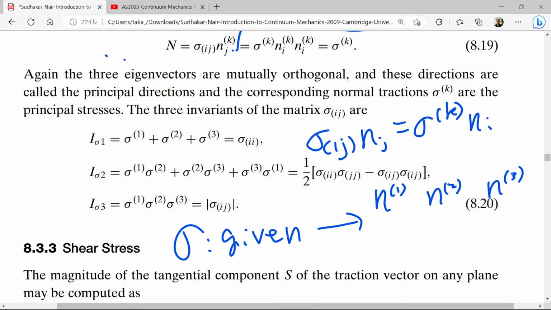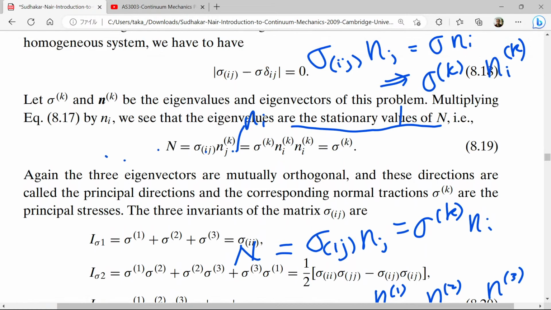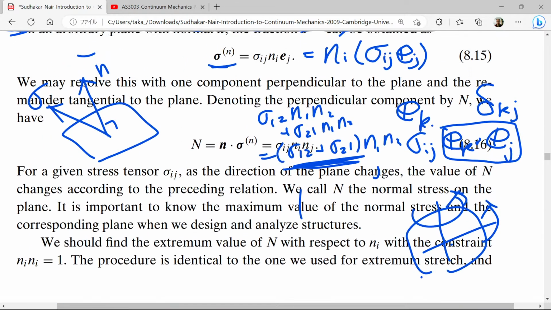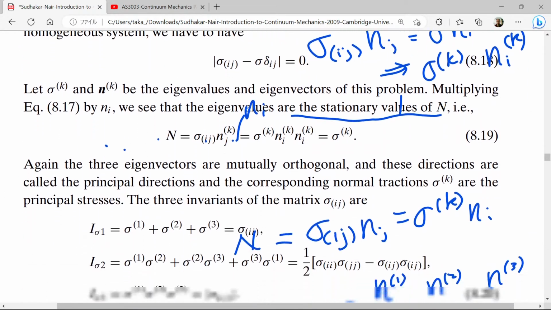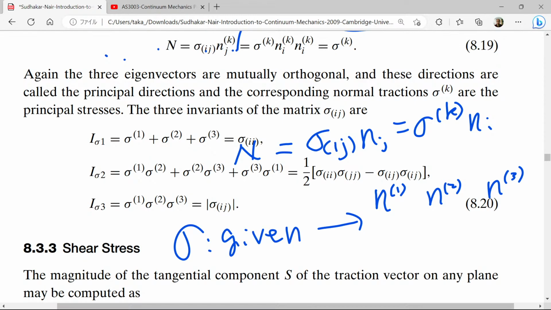And for this, so this is n. And in this case, the perpendicular component of n, no, this is called, I think, so for each of these, we have sigma as a sigma k. I think it's sigma k, right?